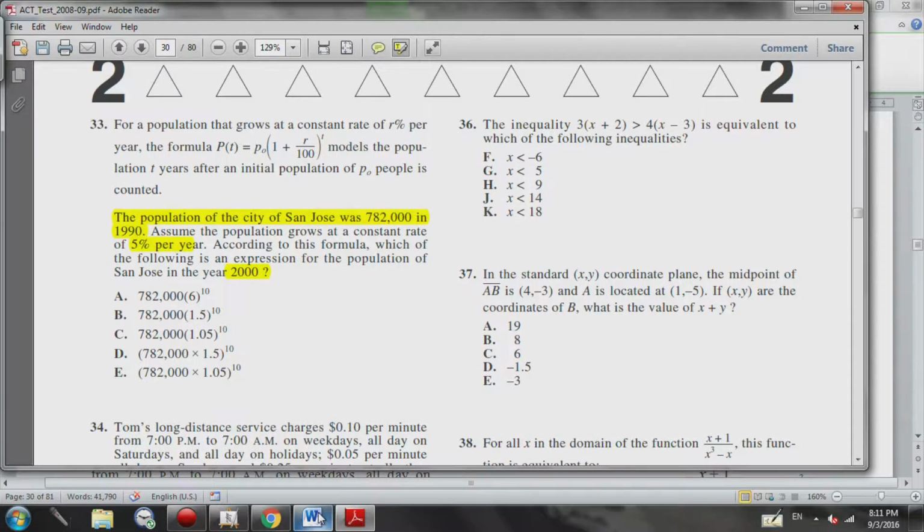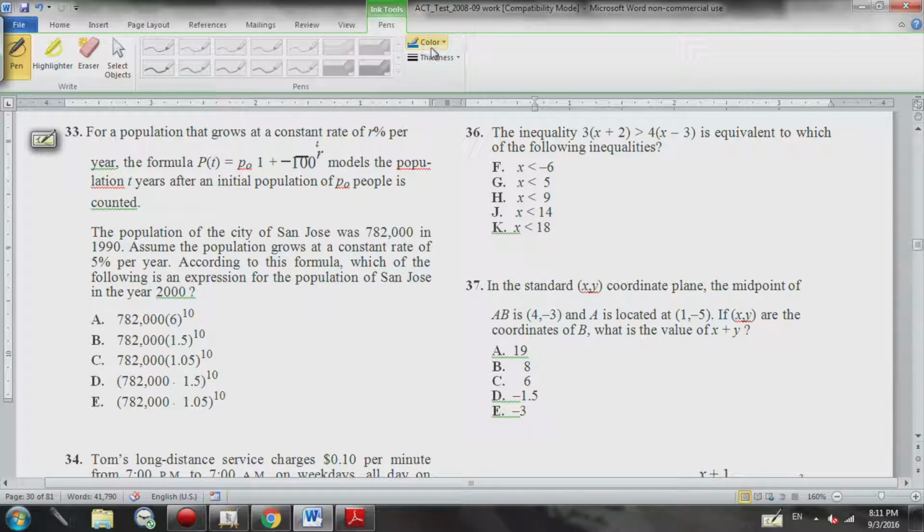So the population after 10 years, going from 1990 to 2000, where t is 10, is going to be the initial population, which was 782,000, times 1 plus the rate, which is 5%, which is 0.05.